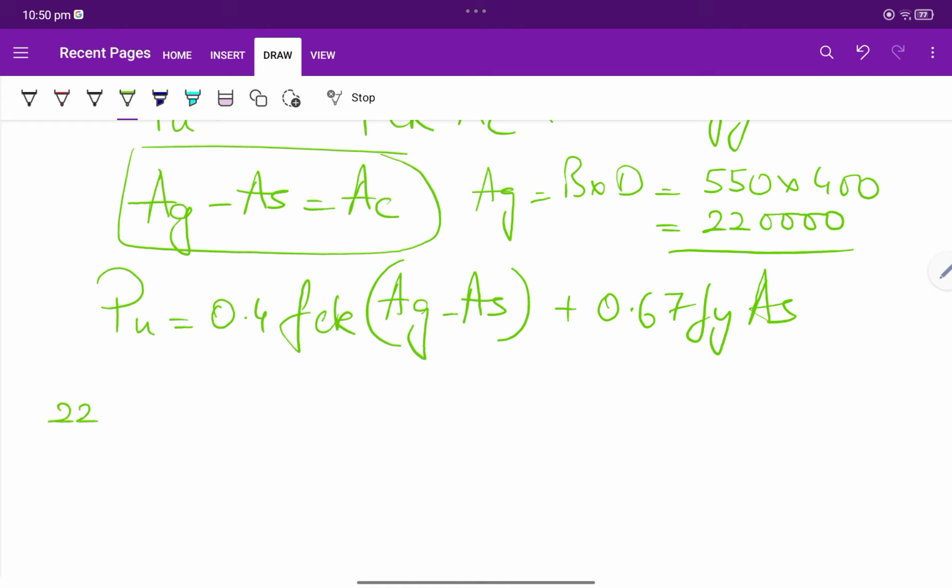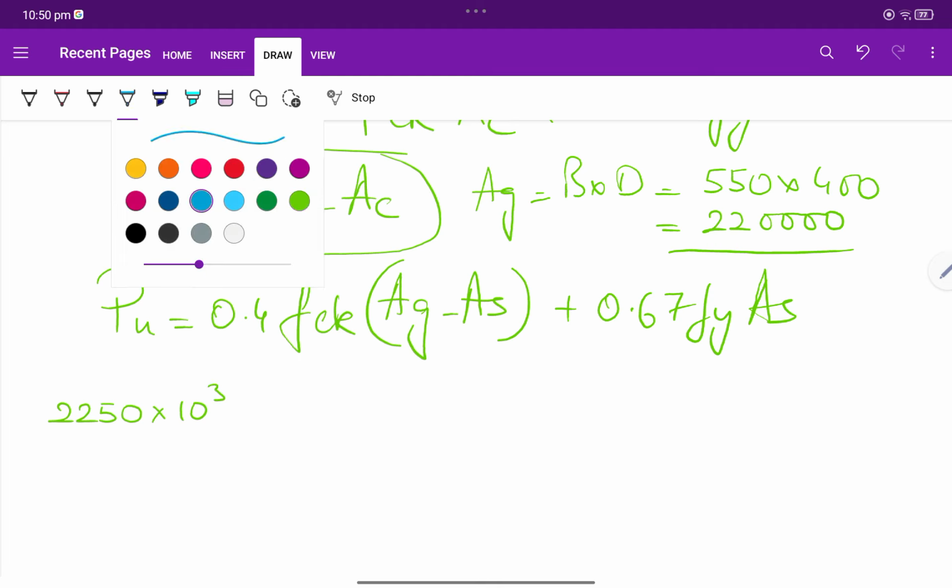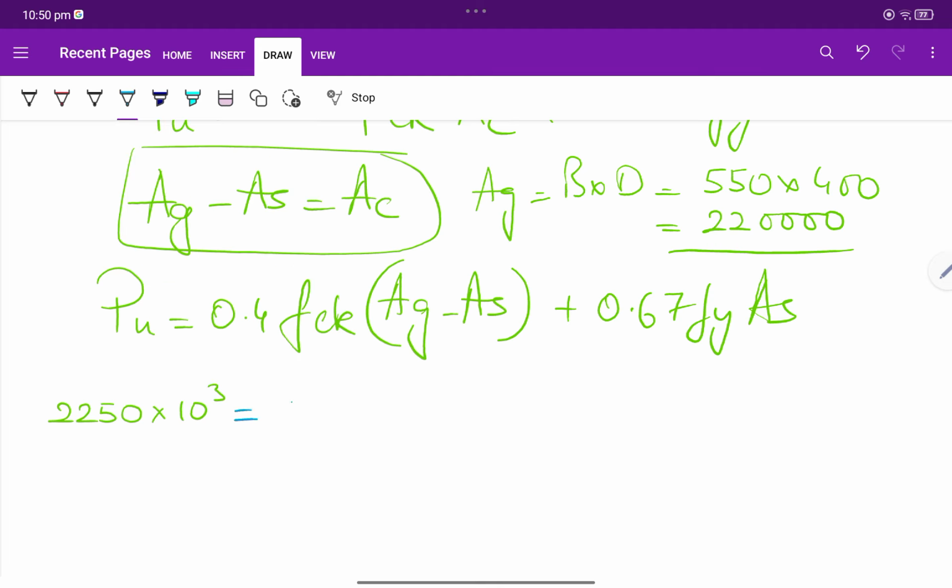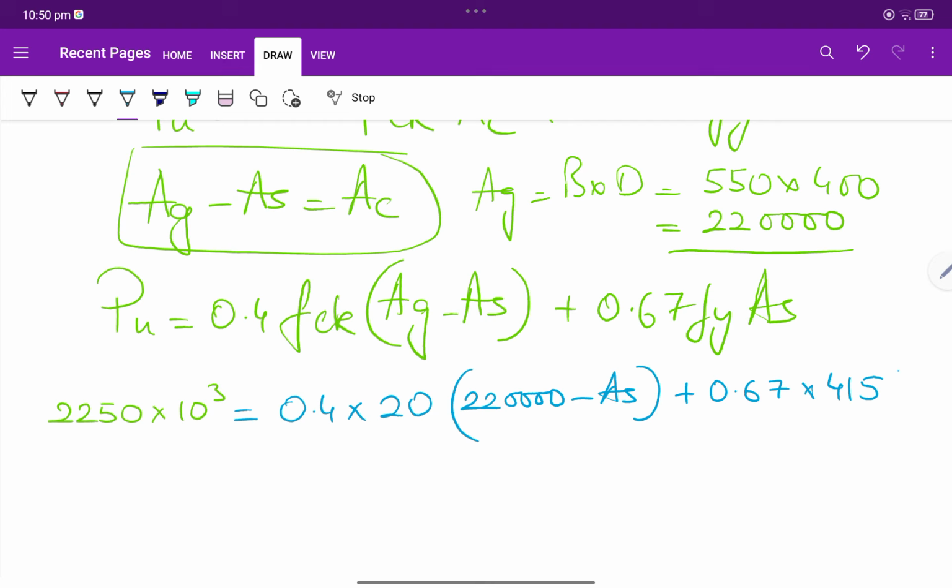We will convert it into Newton. So 2250 into 10 to the power 3. Now we will write this side equal to 0.4 FCK, so it is 20. AG value we have got 2121234 minus AS, plus 0.67 FY, FY is 415, AS.